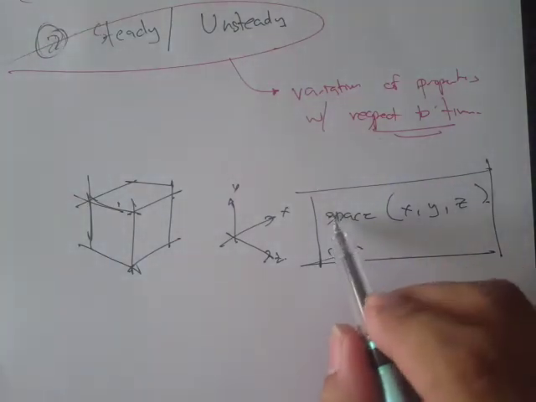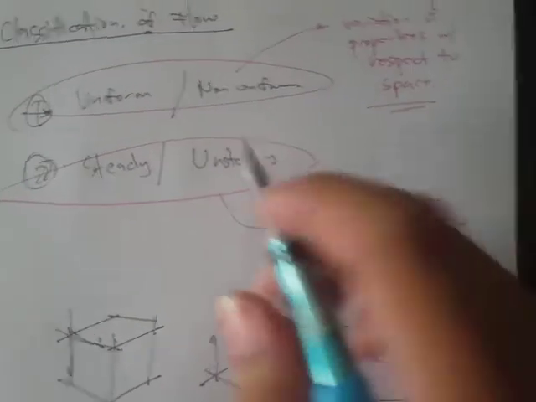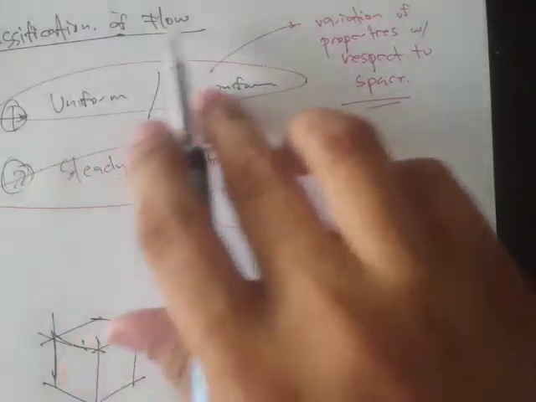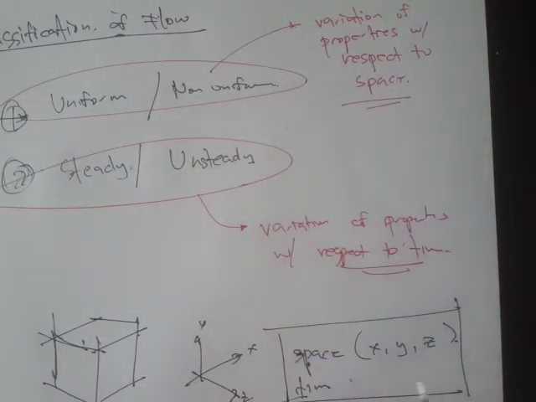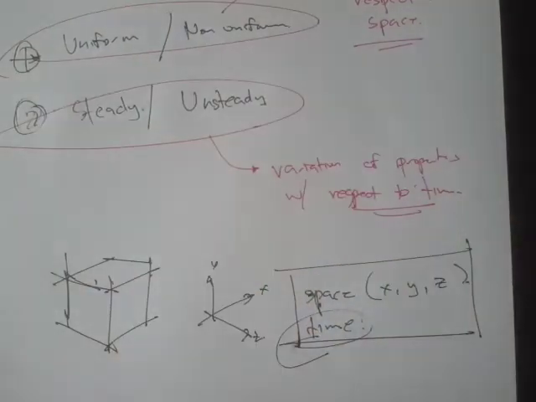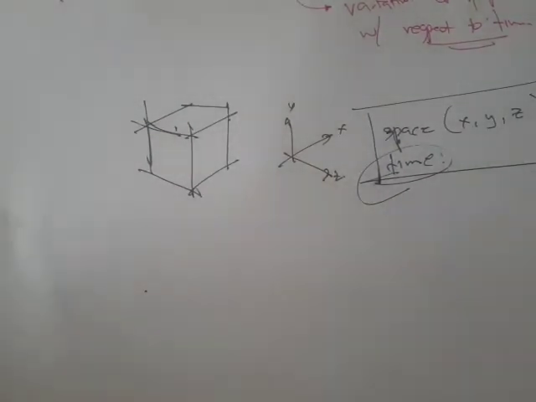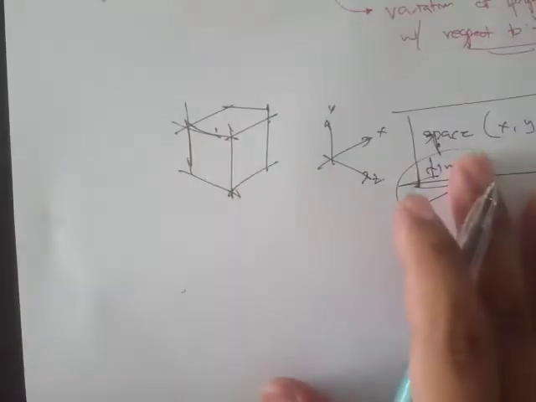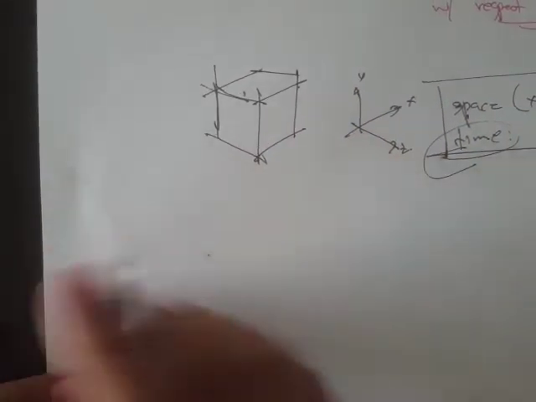Okay, so if the properties vary with space, then that's the uniform or non-uniform. Okay, and if we talk about variation of properties with respect to time, then that's going to be the steadiness. Okay, so let's have some example right here regarding the uniform flow, then later on about the steady flow.